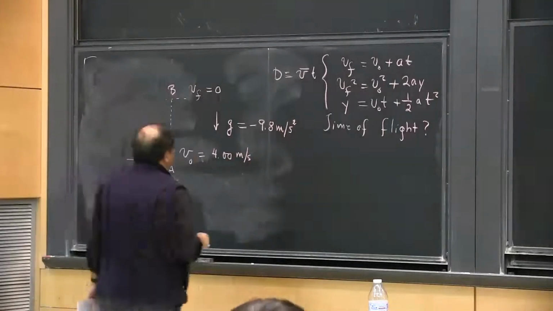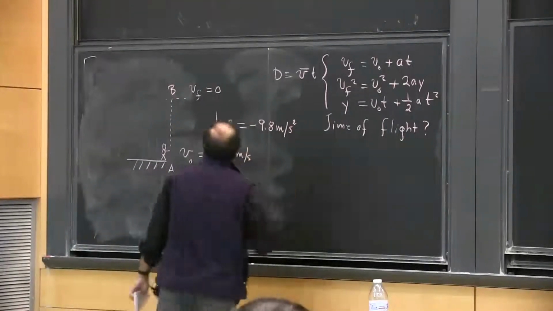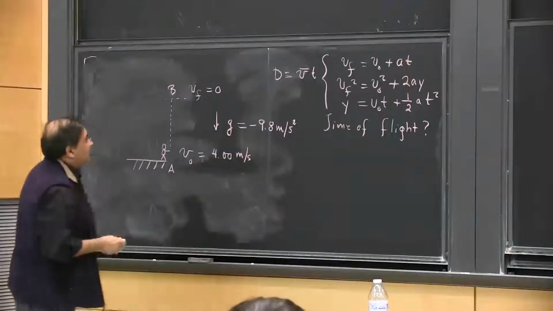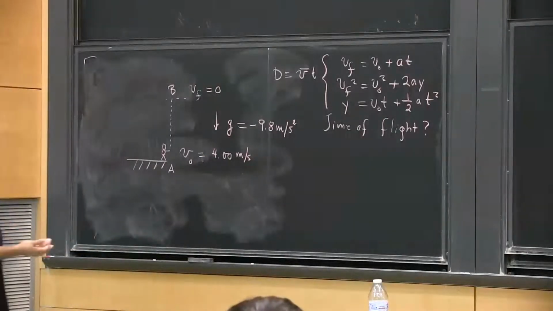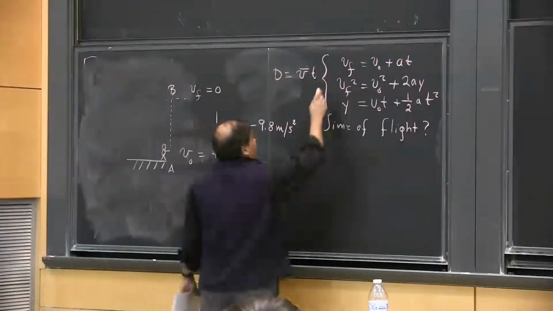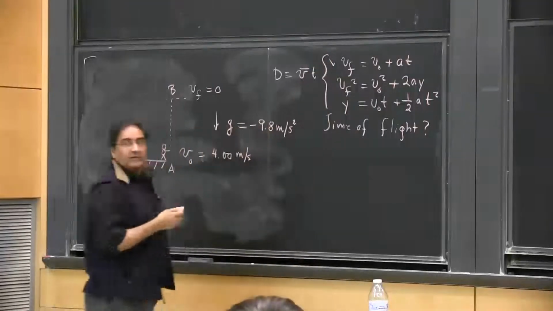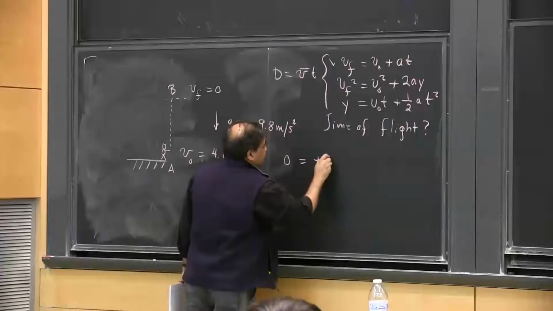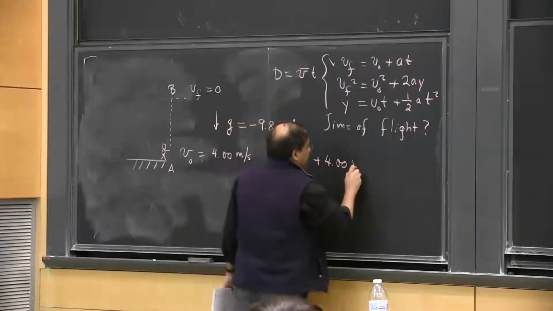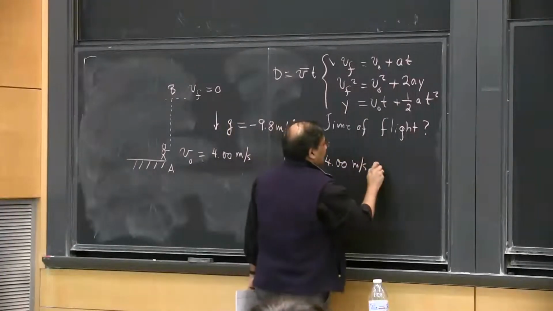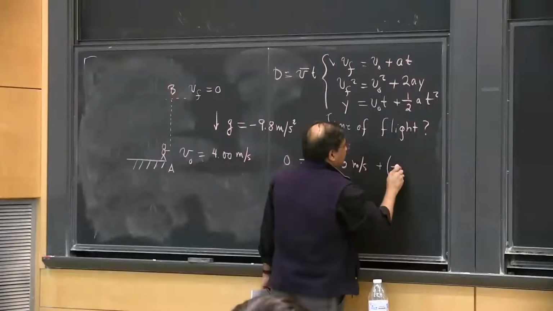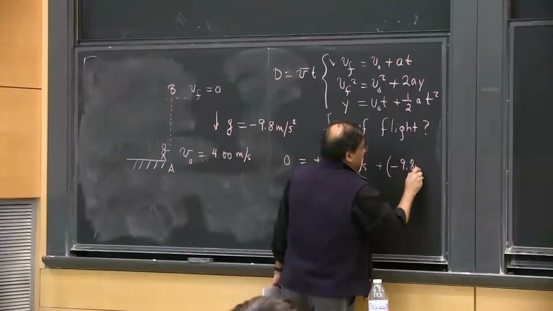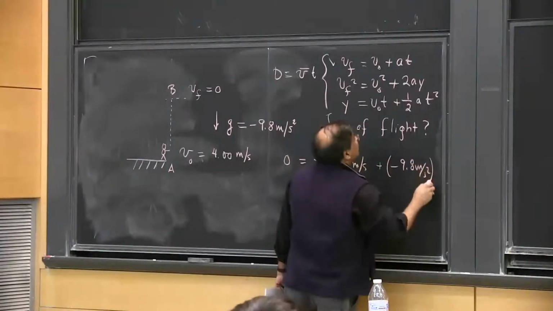So, all right. Anyway, in this case, since the final velocity is 0 and we are looking for time of flight, it's natural to use this one. You don't have any other choice really. So V final is 0, V0 is plus 4 meters per second, plus acceleration, which is minus 9.8 meters per second squared, times time.